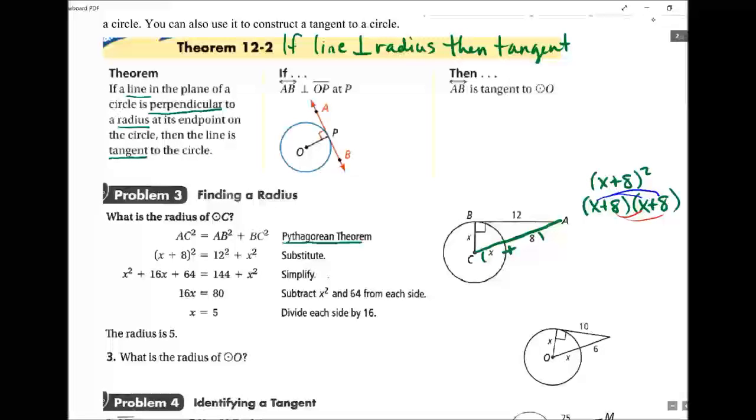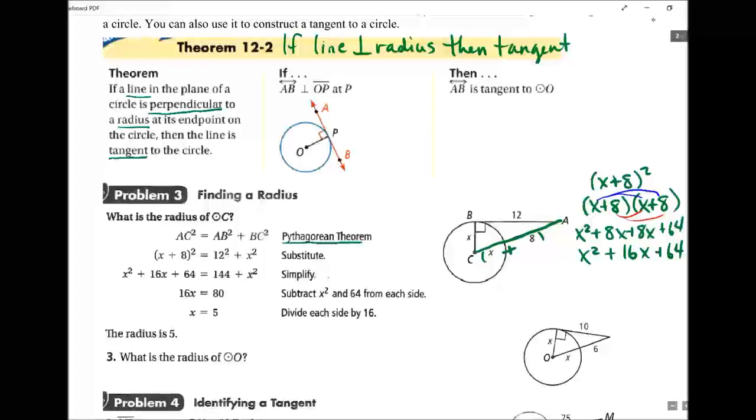And we end up with our first one here, x times x, x squared. And then we go from x to the 8, so 8x. And then we do the second term, 8 times x is another 8x. And then 8 times 8 is 64. We have like terms in the middle, x squared plus 16x plus 64.